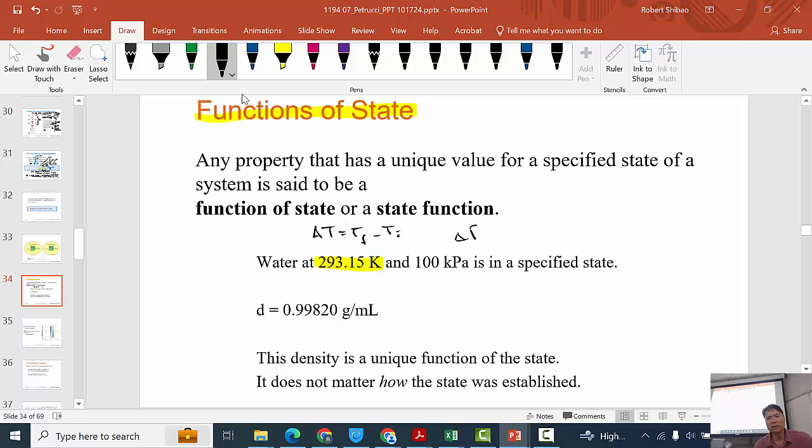The same thing with delta P. Delta P only depends on the final state and the initial state. And so temperature and pressure are what we call functions of state, or state functions. The ones that we have to worry about are heat and work. Q and W are not state functions.